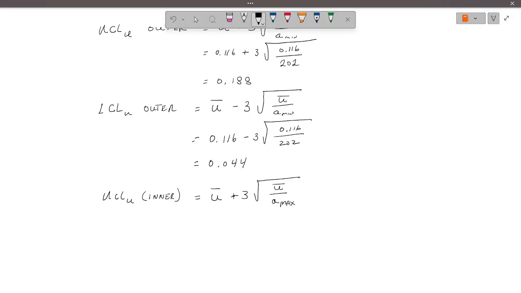Okay. And we will put that in as 0.116 plus 3 square root of 0.116 divided by 770. Okay.